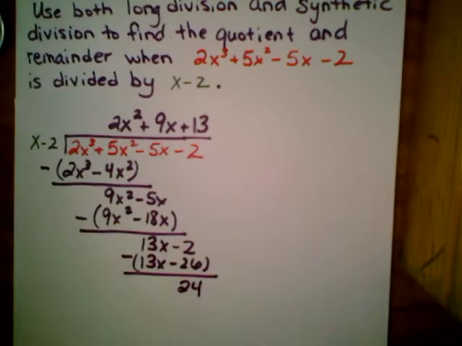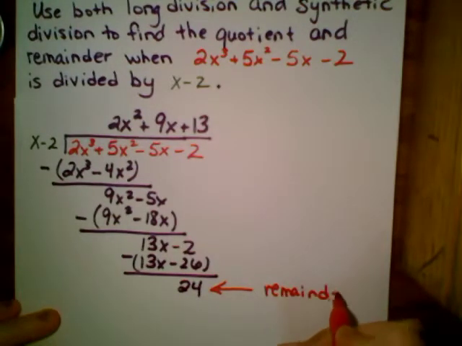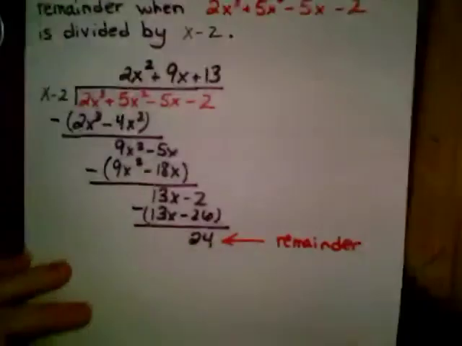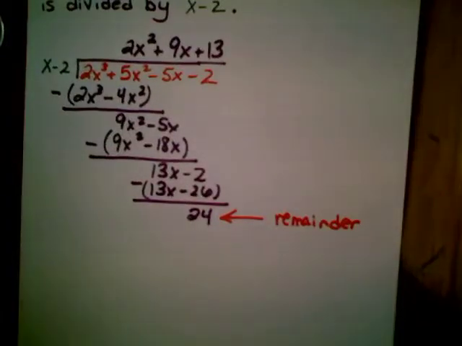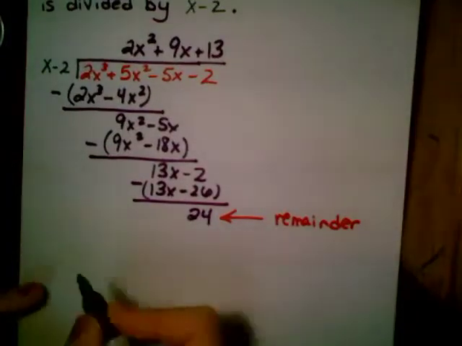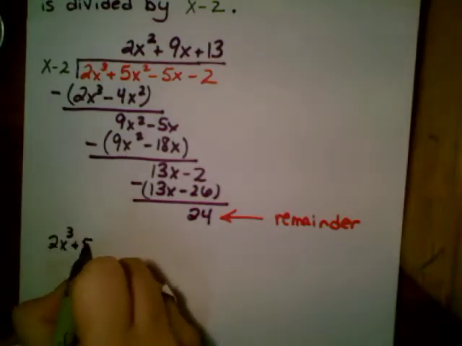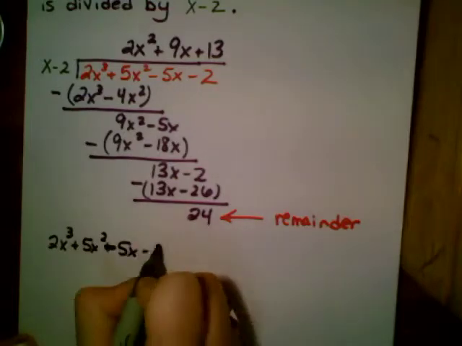So this number 24 is called our remainder. And the way we could also record our answer here, we write our division problem as a quotient. Remember our cubic original polynomial, 2x cubed plus 5x squared, and that'll be minus 5x minus 2.